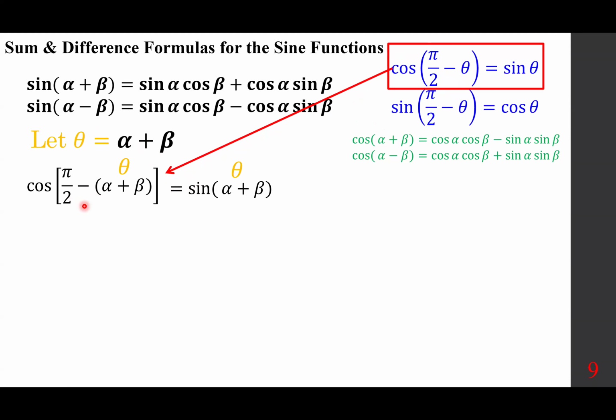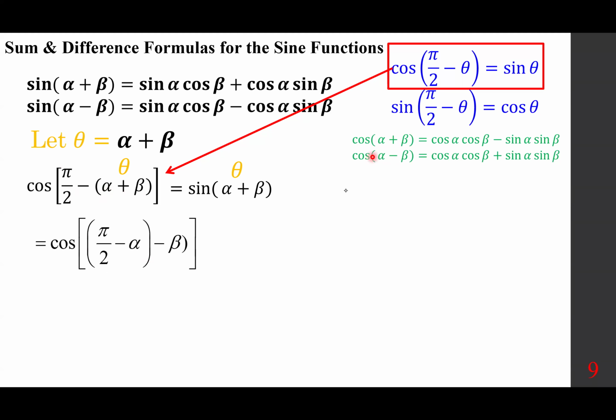Now we're going to manipulate the brackets as pi over 2 minus alpha and then minus beta. First, take a look at the brackets. Nothing has changed. Pi over 2 minus alpha minus beta. And now we are going to look at the concept of cosine of alpha minus beta.